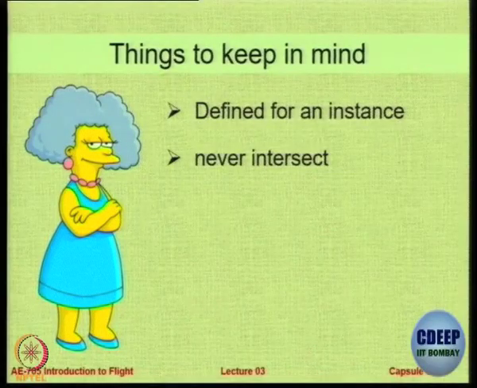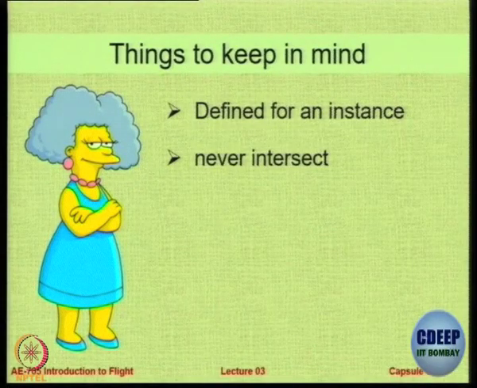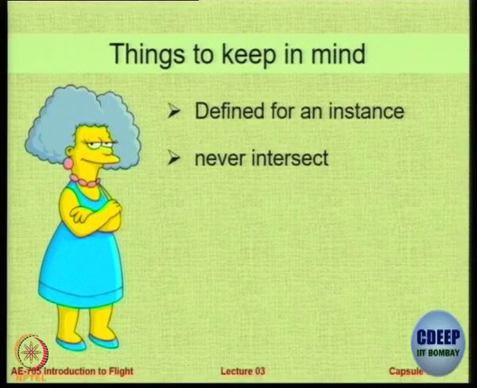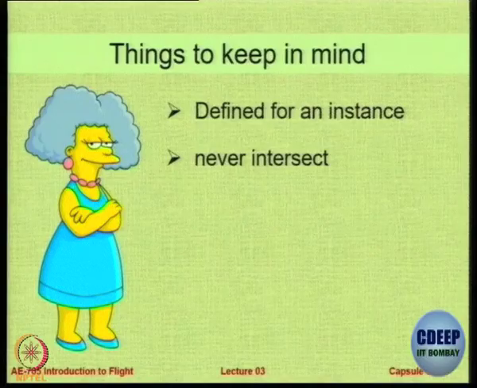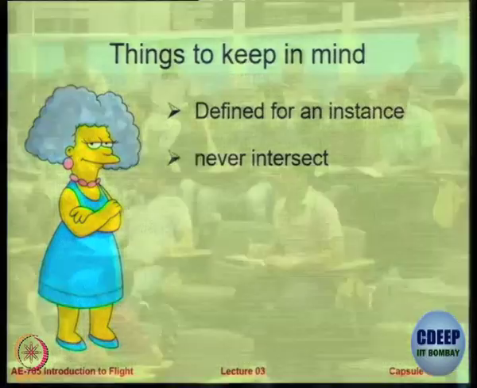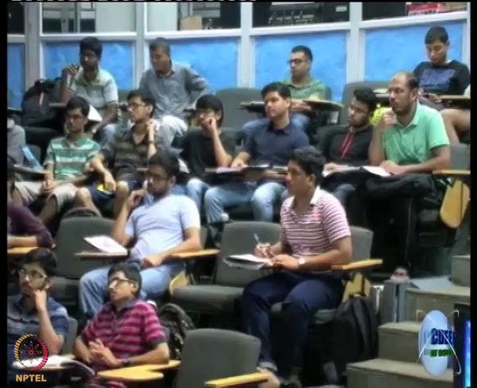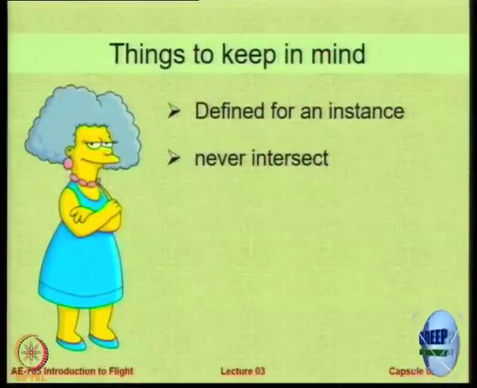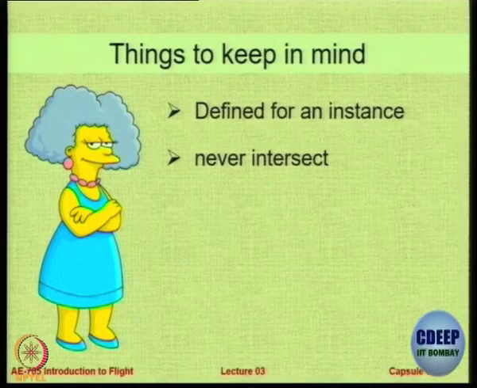Why is it so? Why can't you have two intersecting streamlines? Rahul, yes, it will not have a unique direction. Yeah, because at the intersection, where does it go, this way or that way? There are two directions possible at an intersection. By definition, the direction should be tangential to the flow direction. If there are intersections, there could be two, and that will cause confusion.